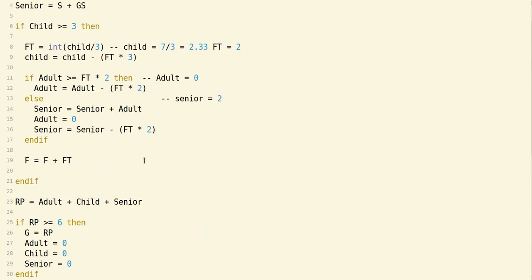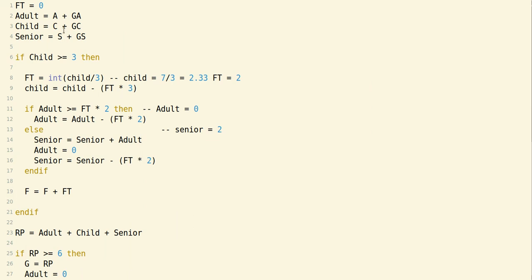So in this code, we are trying to create family tickets based on the single tickets or the group tickets being purchased by the visitor. Initially I have a variable ft which is set to 0, and it's going to contain the number of family tickets that would be computed from the single tickets and the group tickets.